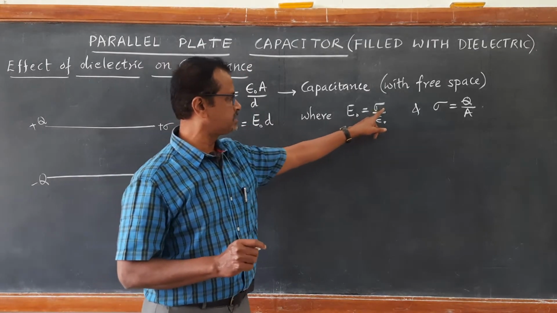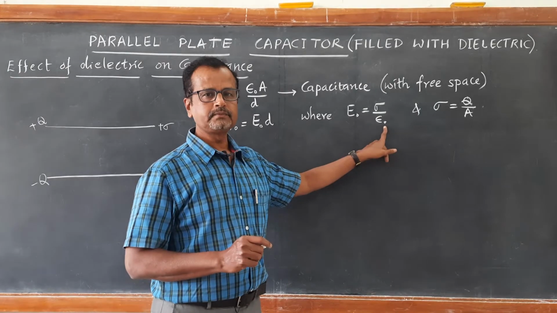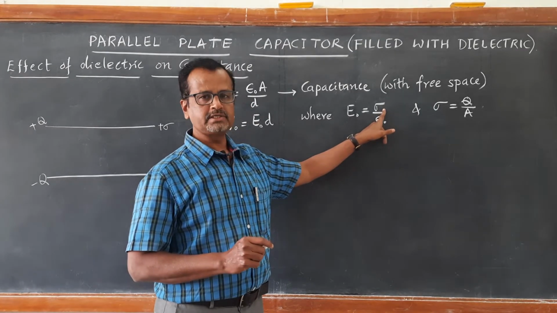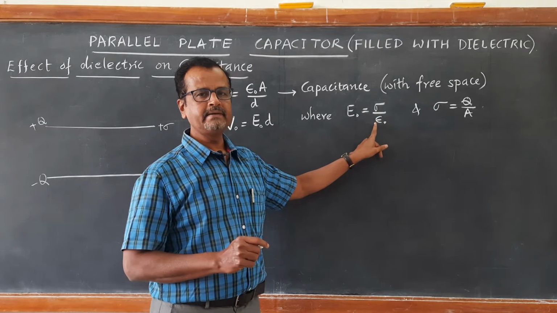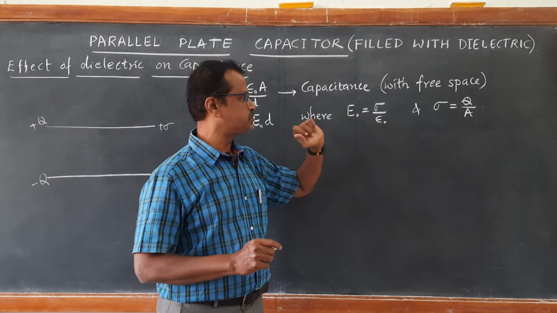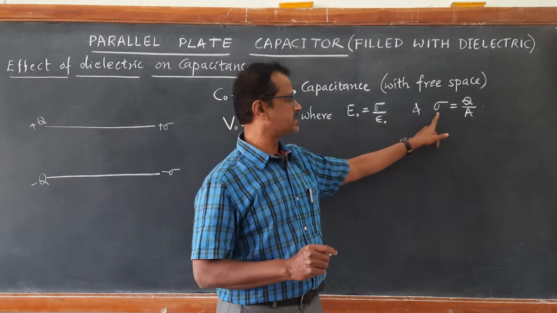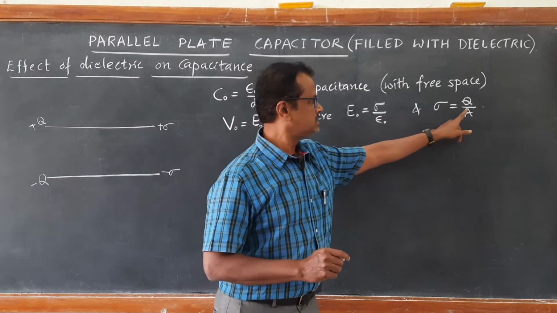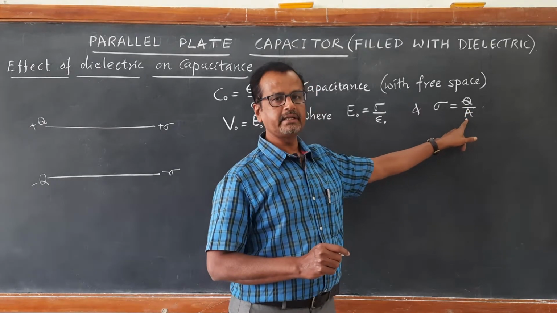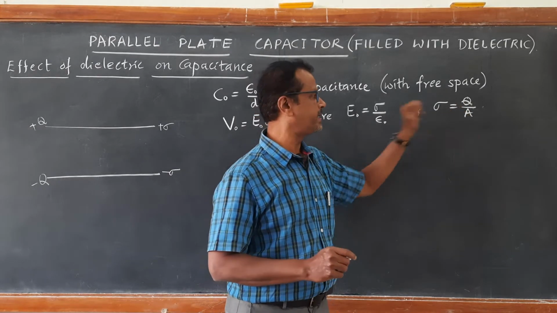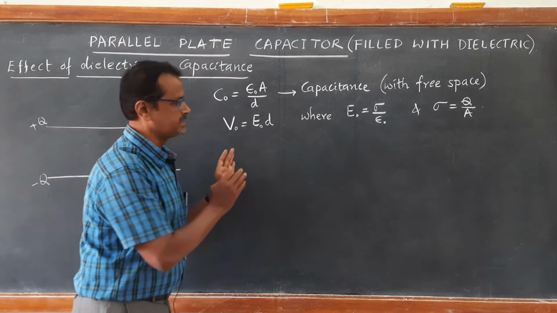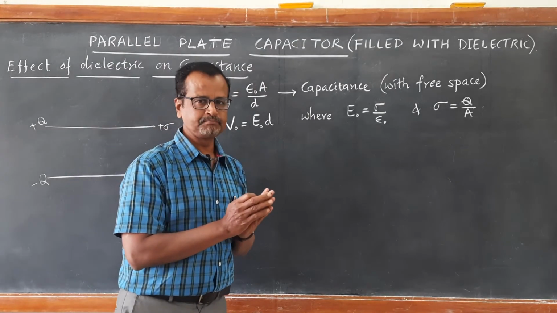E naught equals sigma upon epsilon naught, where sigma is the charge density and epsilon naught is the permittivity of free space. And the surface charge density sigma is the charge per unit area, Q by A. These are the things we have discussed earlier.